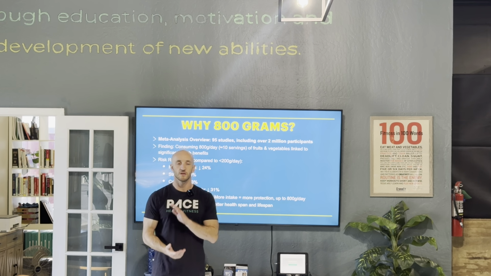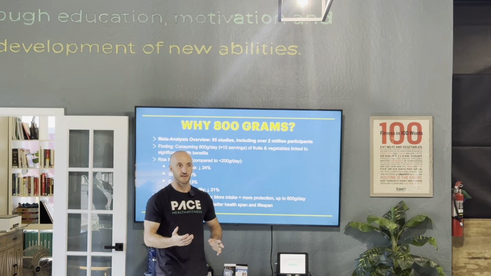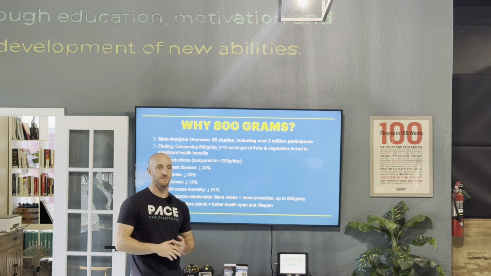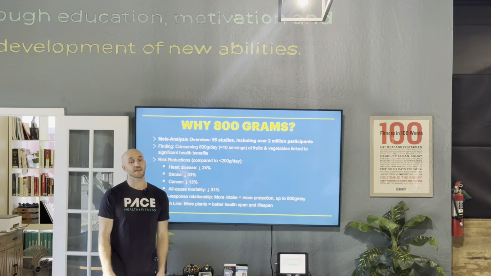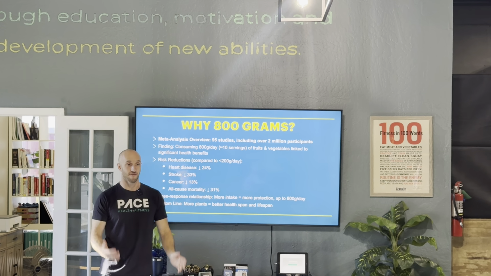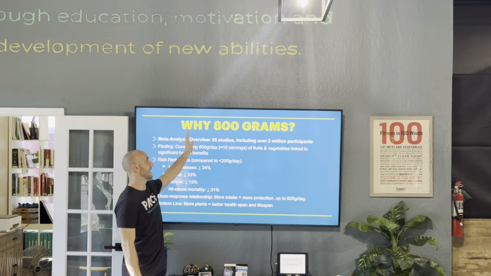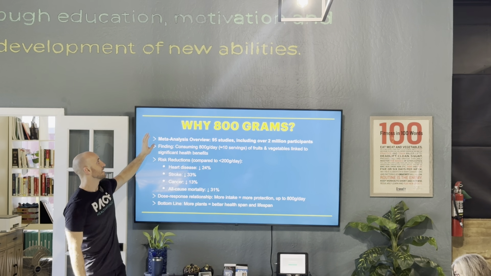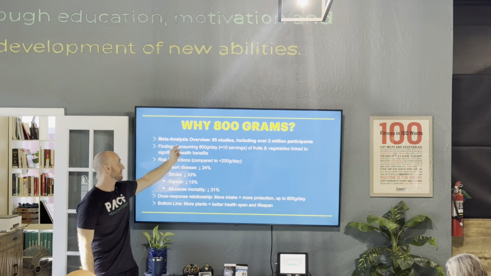So when we talk about fruits and vegetables, there are different studies that talk about how much fruits and vegetables are beneficial for our health, right? And our goal is going to be focusing on getting 800 grams of fruit and vegetables. The reason that 800 grams comes into play, you look up here, is the biggest study that we had about it was a meta-analysis.